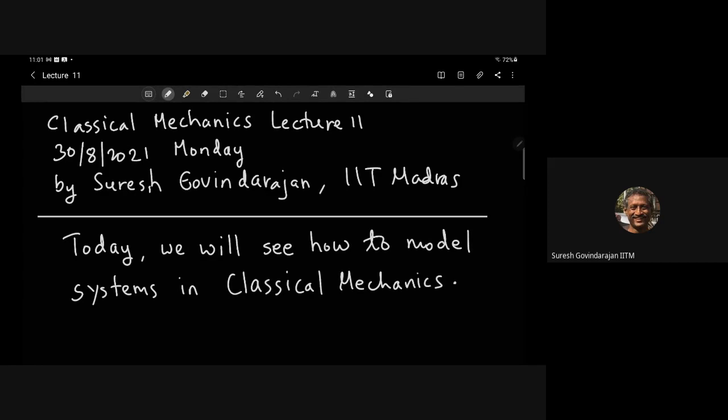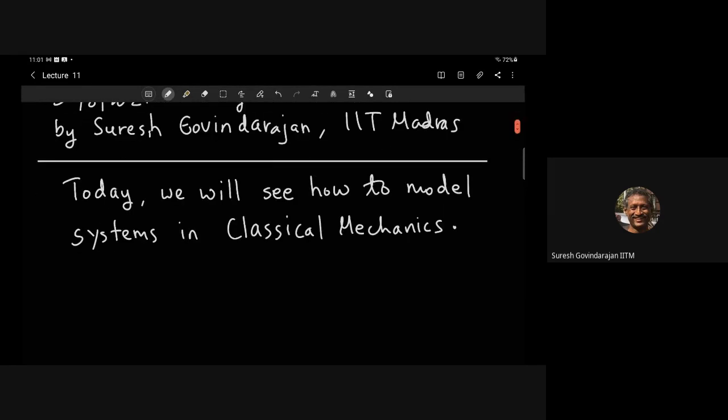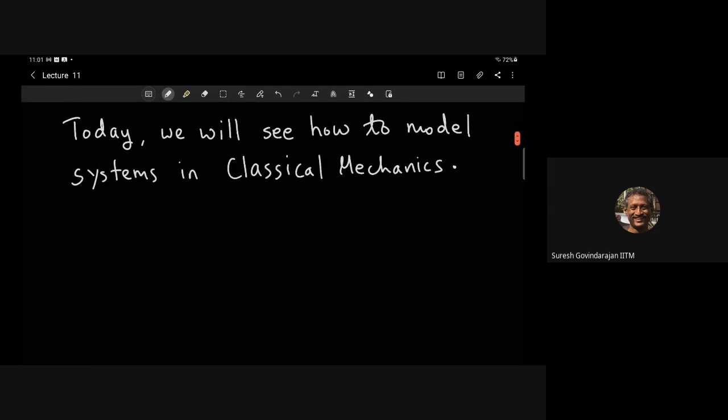The method that we will use will generalize even to quantum mechanics. It's just that the answers to certain questions will be different in quantum mechanics.